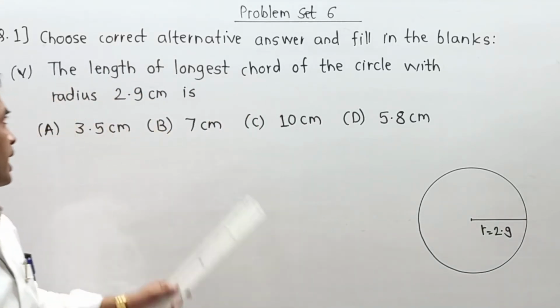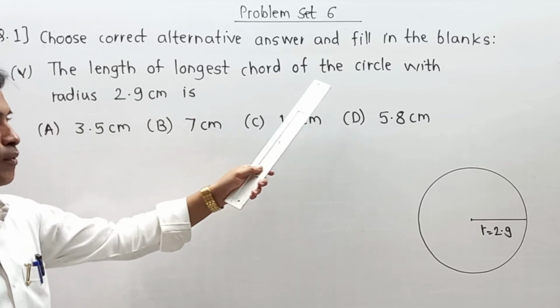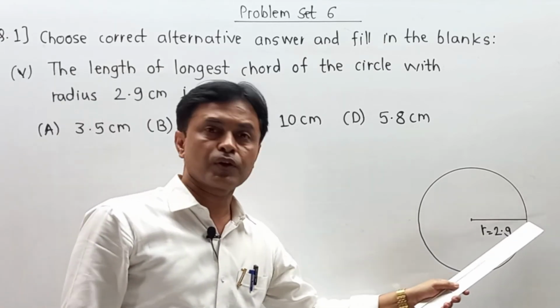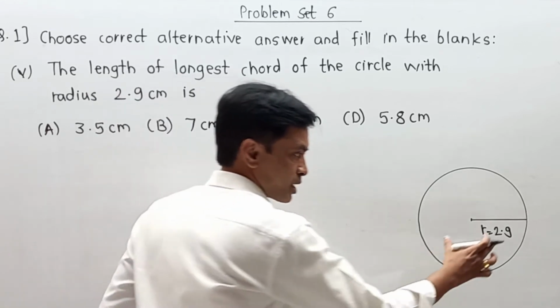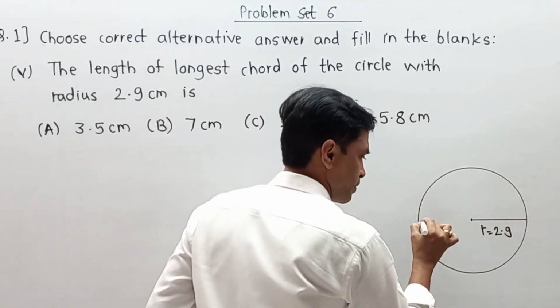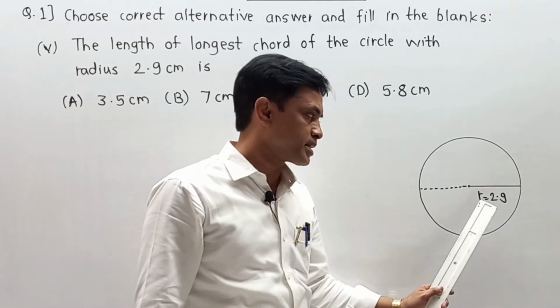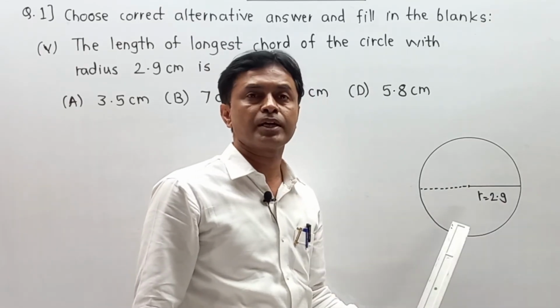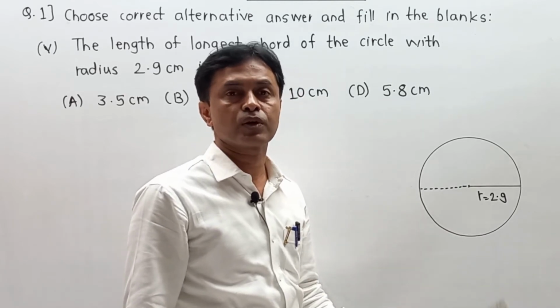They have asked the length of the longest chord of a circle, and that is nothing but the diameter. Radius connected with the next radius is the diameter. Logically we have to multiply the radius by two to get the diameter, because the diameter is the largest chord of a circle.